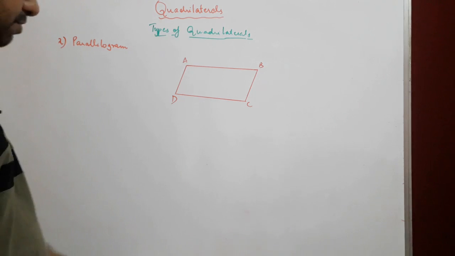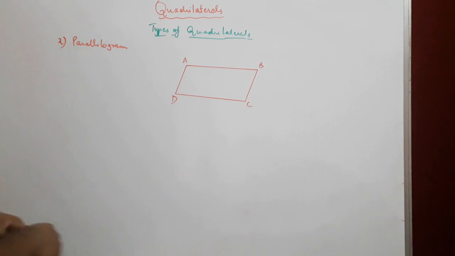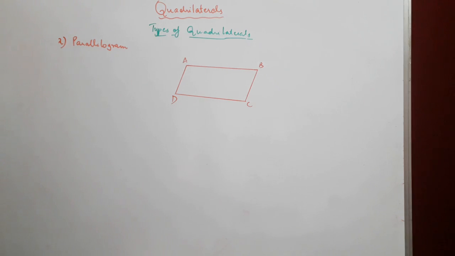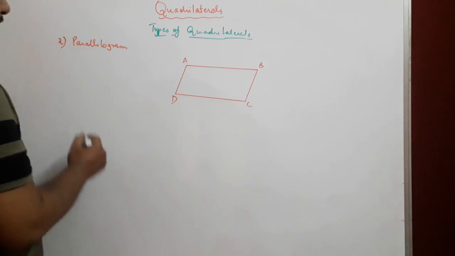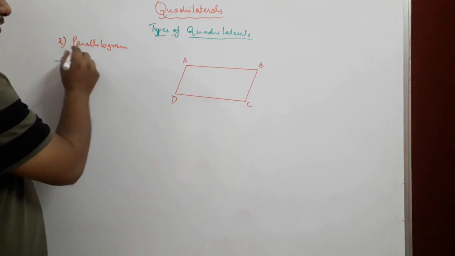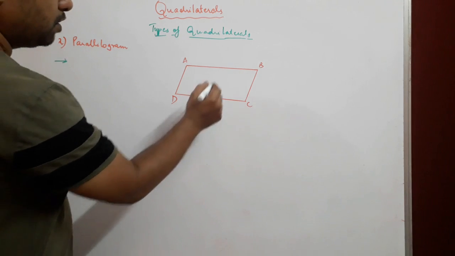Many of the properties will be discussed in subsequent videos where we discuss the theorems with respect to parallelogram. Here we just list down basic properties of parallelogram. Number one, let's begin with parallel, because the name says parallelogram.